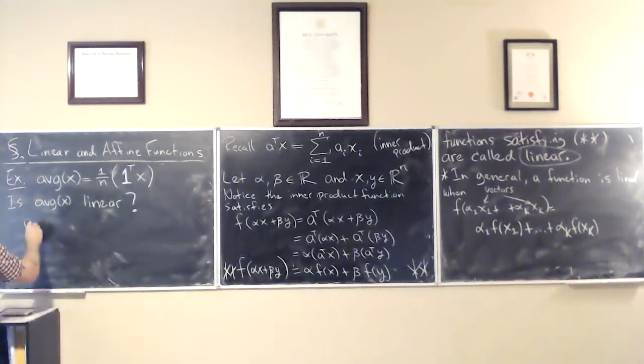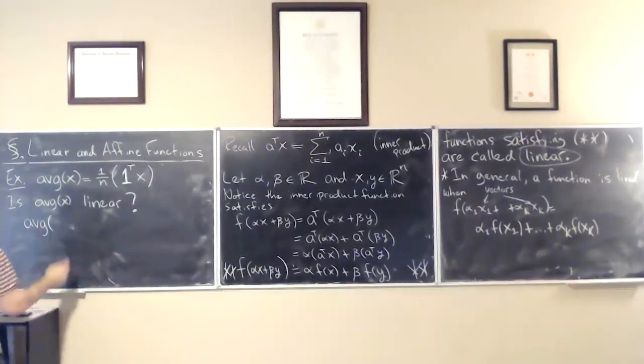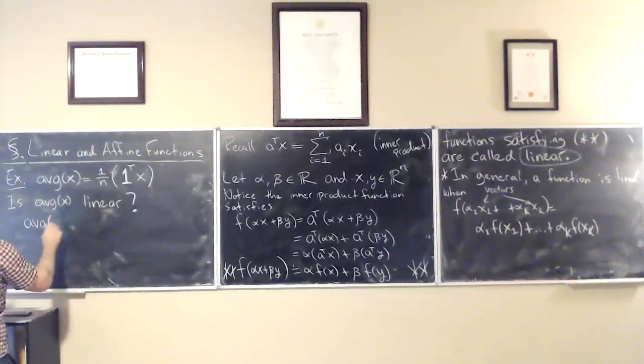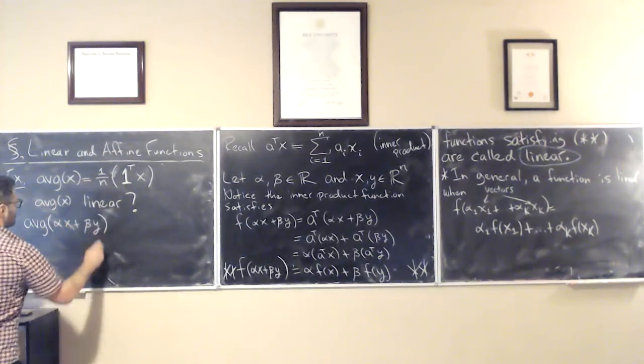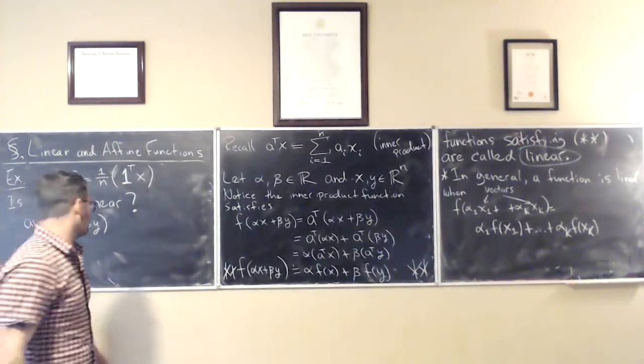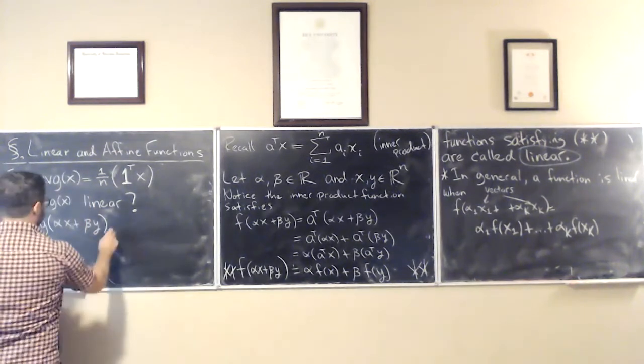I sort of want to leave this as a homework problem, but maybe I'll get it started here. So alpha times x plus beta times y. So x and y are just n-dimensional vectors, alpha and beta are scalars.